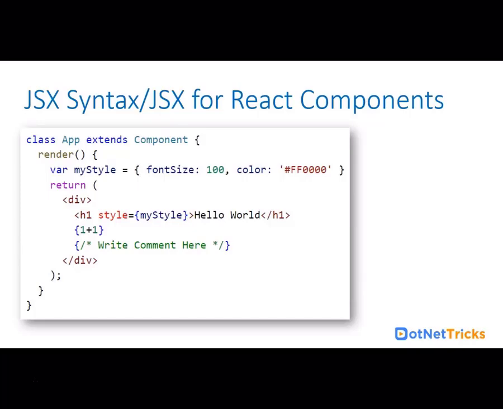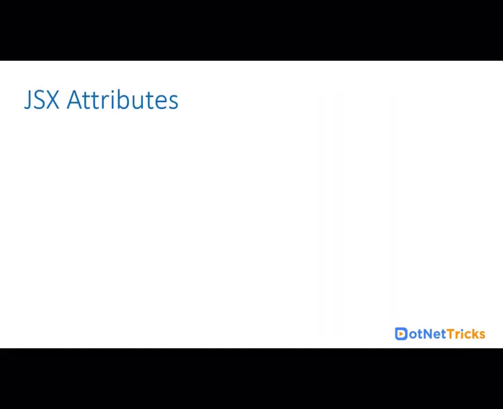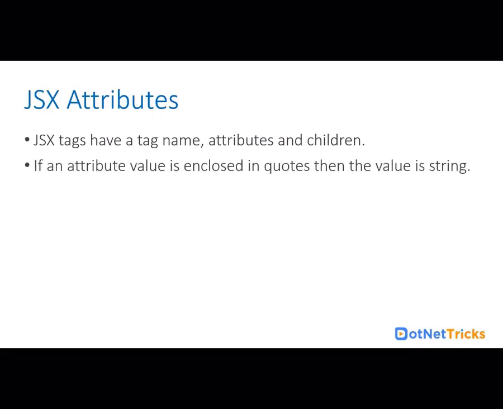We further have some rules to write the JSX. Next, we have JSX attributes. In JSX attributes, we use tags which have a tag name, attributes and their children. If an attribute value is enclosed in quotes, then the value is a string.